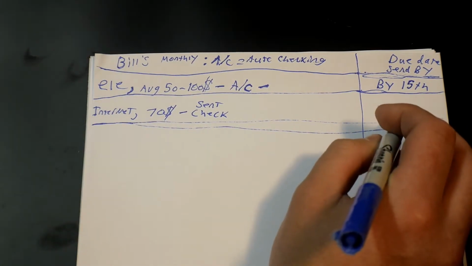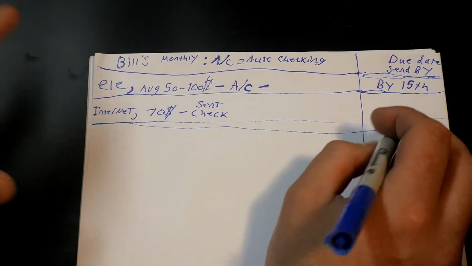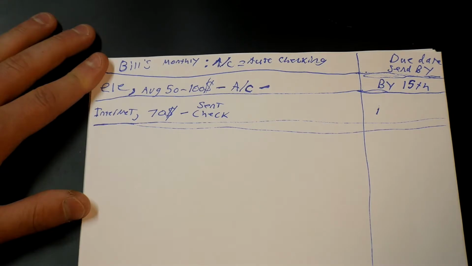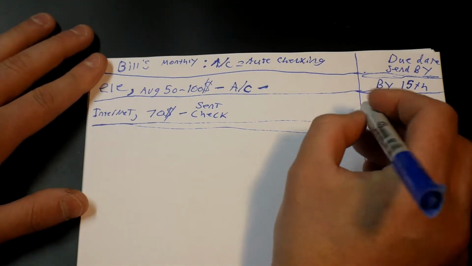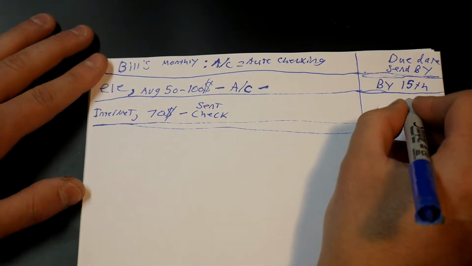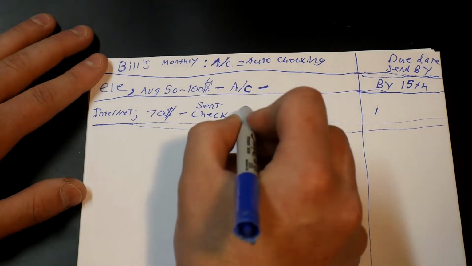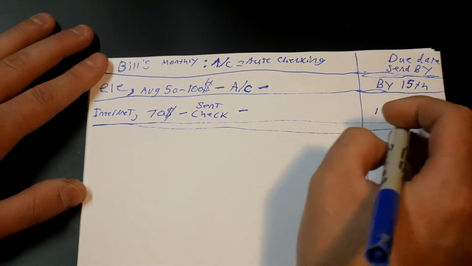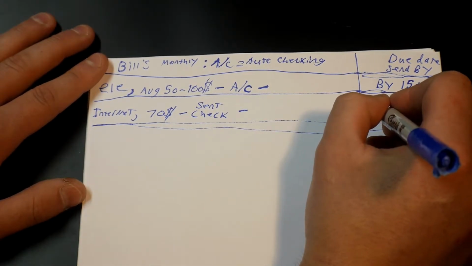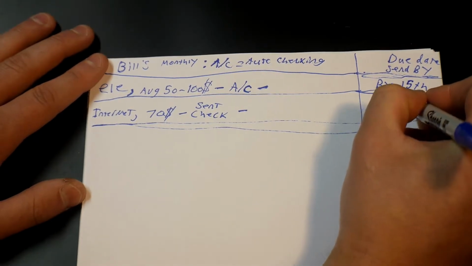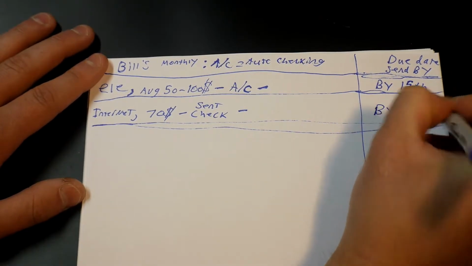So, well, let's say for the sake of this video, because you want to line everything up by what's due first to what's due last, the payment is due by the 20th. That means you're going to want to send the check, to be safe, by the 16th at the latest. Probably by the 15th, so we're going to do by 15th.